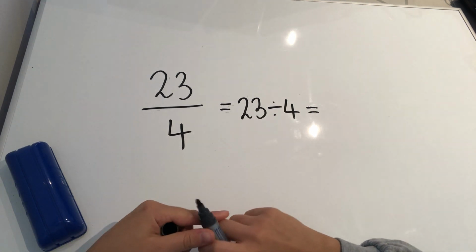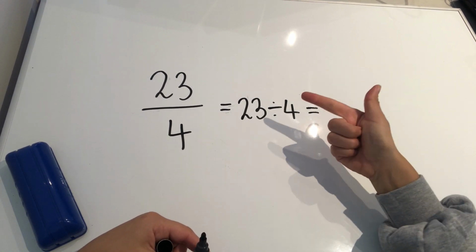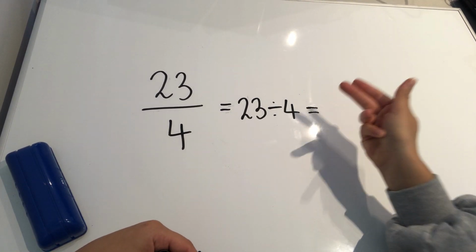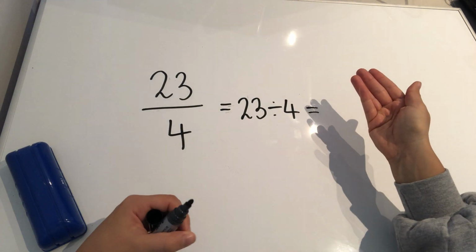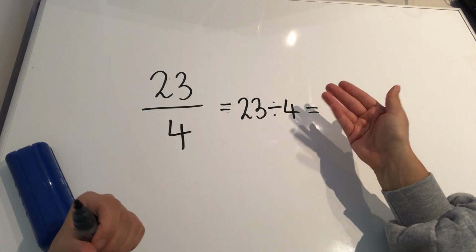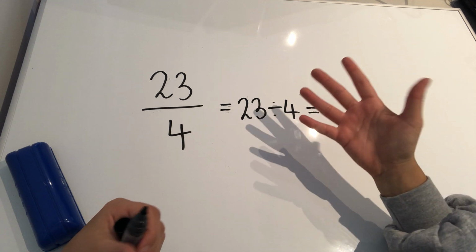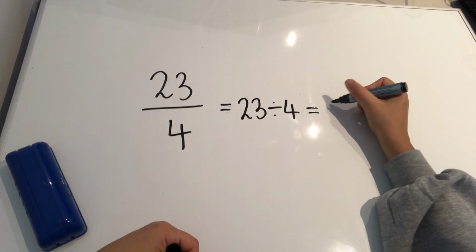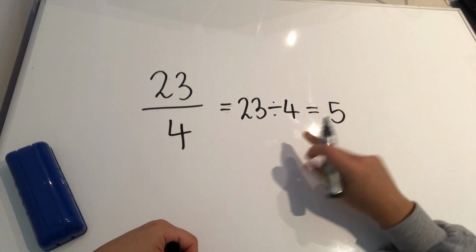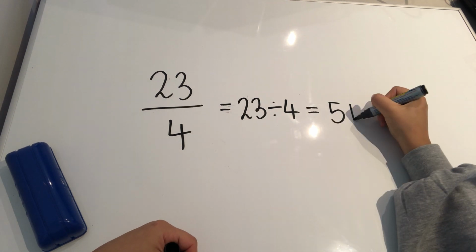So I'm going to count by 4s, 4, 8, 12, 16, 20, and if I went one more, it would go to 24. So I know there's 5 4s that go equally into 23, but there is a remainder of 3.